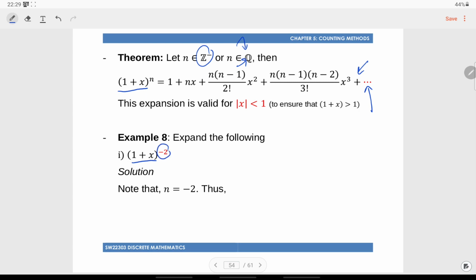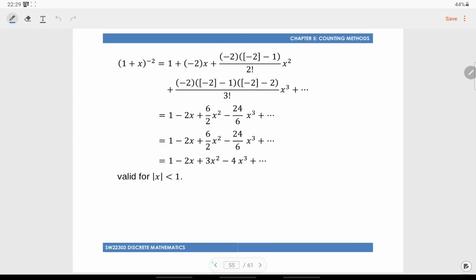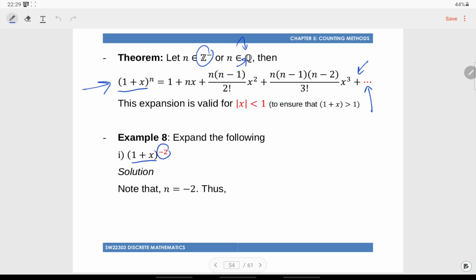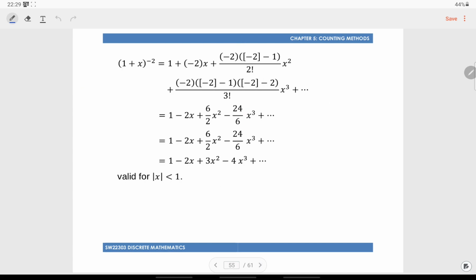Our n is equal to -2, so we have to use this theorem to come out with the expansion. We substitute n equal to -2 into the formula, and finally we have this equation. Don't forget to write the triple dot, and then simplify the fractions.